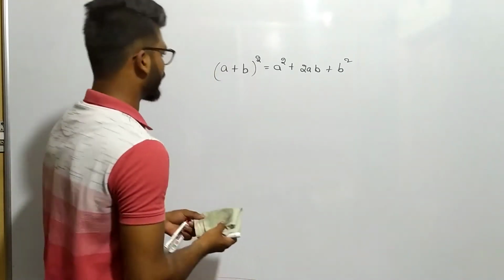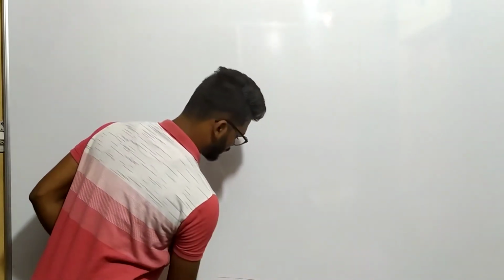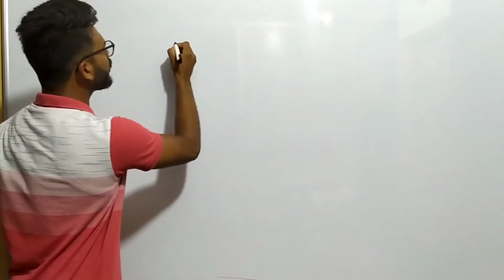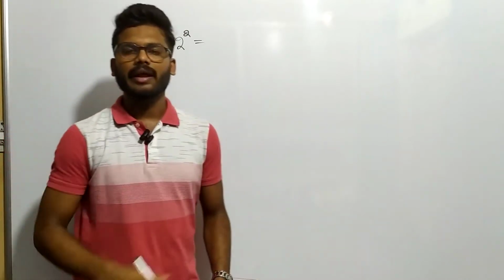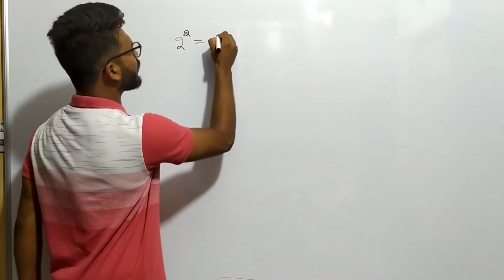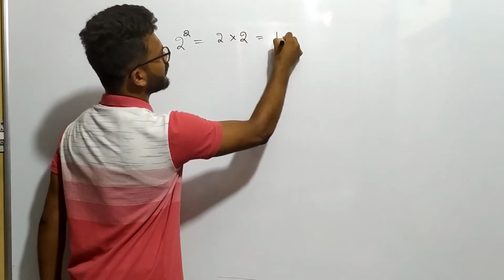Before going to the (a + b)² formula, see what 2² is. How to find 2²? Any number to the power 2, or square, is nothing but multiplying the same number 2 times. 2 into 2 is 4.